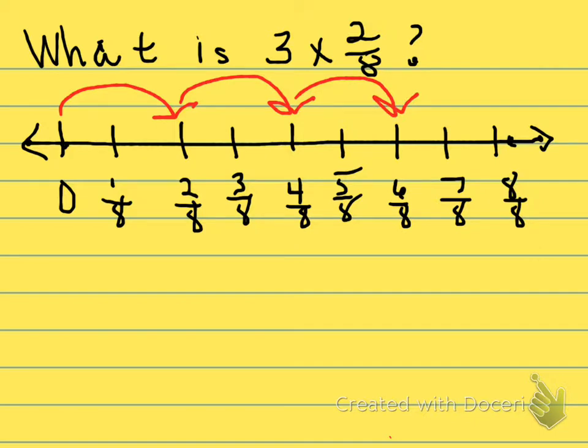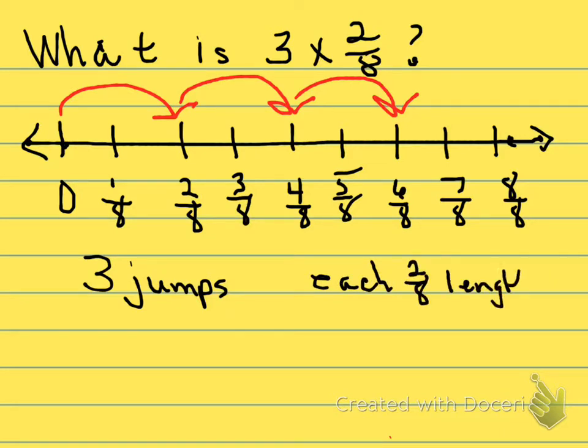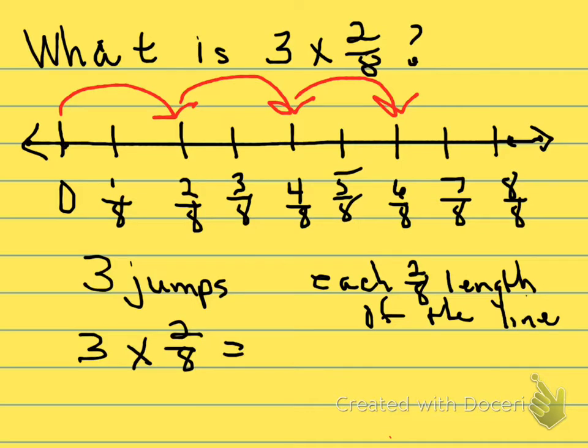So what I have just done is 3 jumps, each 2/8 of the length of the line. In total, I have jumped 3 times 2/8, which has gotten me to 6/8.